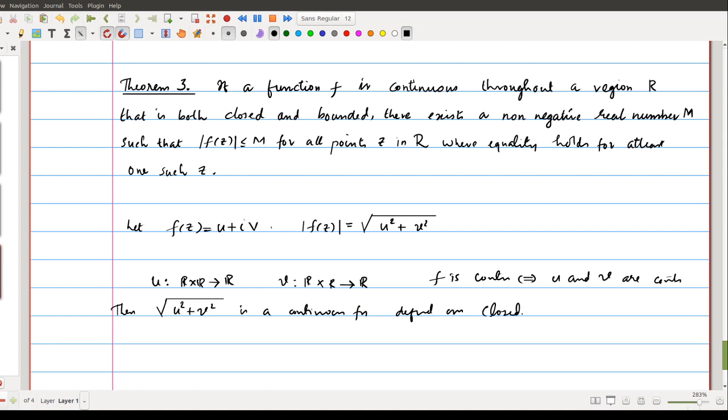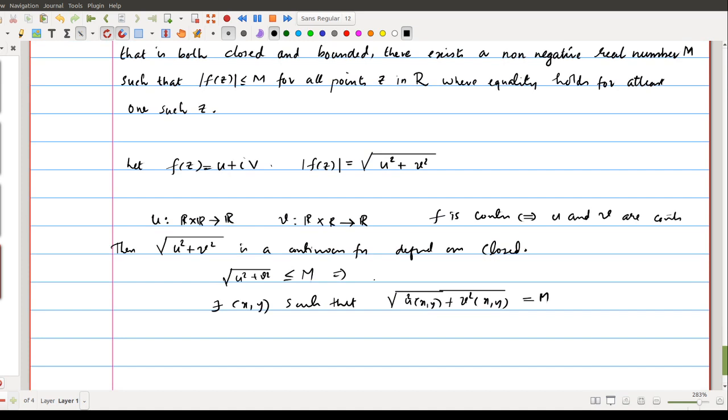closed sets. A continuous function defined on a closed set of R2 attains the maximum value. That means root of u squared plus v squared is always less than or equal to some M. This is because of the real function: a real function defined on a closed set is always bounded and attains its maximum value. And there exists some x comma y belonging to that region such that root of u squared xy plus v squared xy equals that M. Using these two conditions, this is the modulus of f of z.